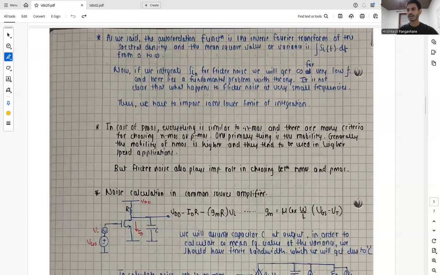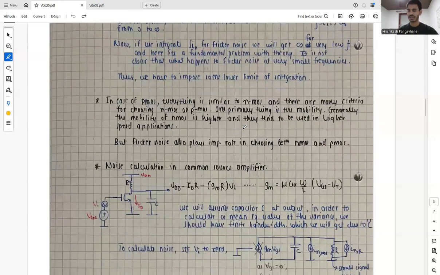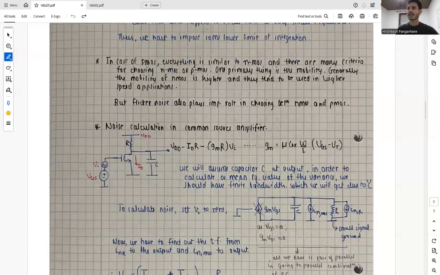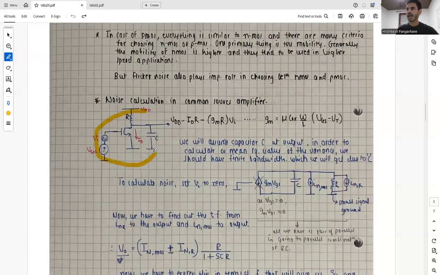And now we will look at the noise calculation in a common source amplifier. So let's take a circuit of a common source amplifier where we apply the input at the gate and take the output at the drain. From the basic analog course, we know our common source amplifier circuit, and gm is basically given by mu Cox W by L times (VGS minus VT).